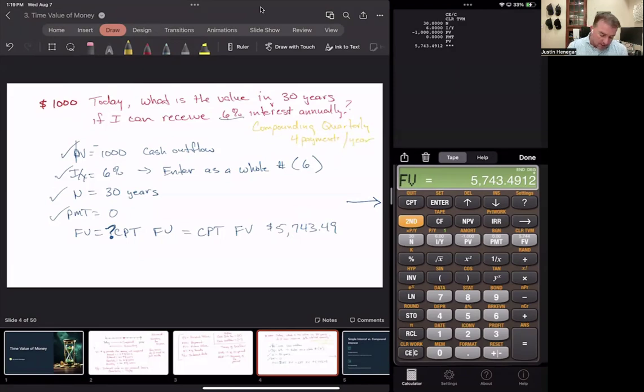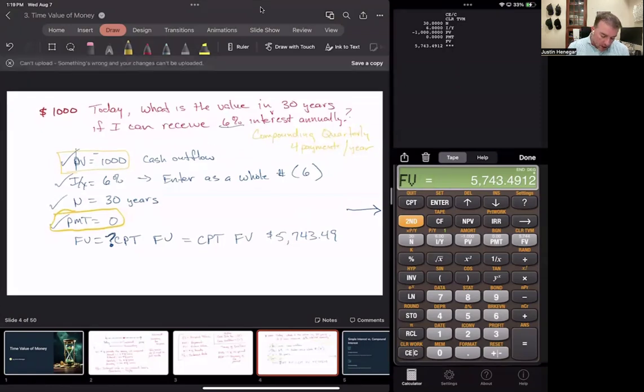Okay. All right. So does the present value, does this number change any, knowing that we are going to have compounding quarterly? It does not, right? We have our original $1,000 that we're going to invest. The compounding frequency does not matter with our present value. Does it matter with our payment? Well, it would if we had a payment, but we're not worried about that right now.